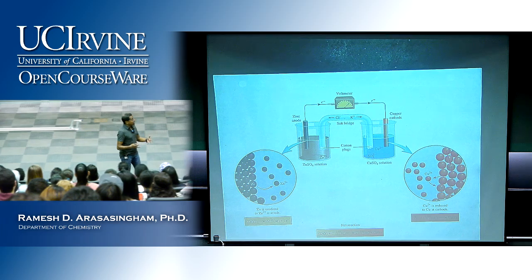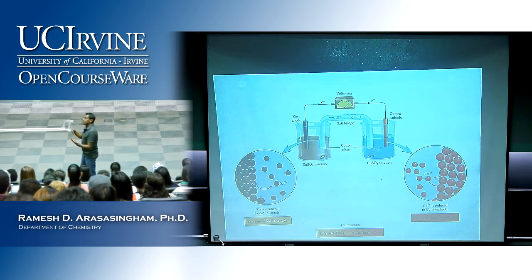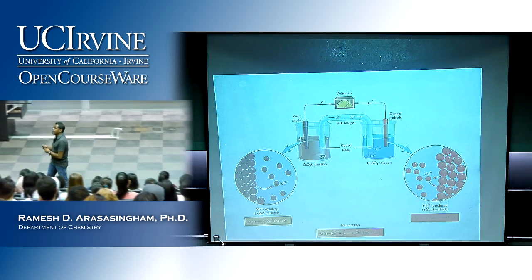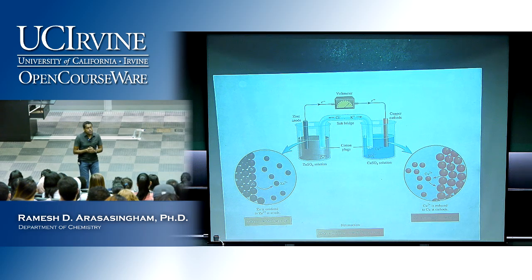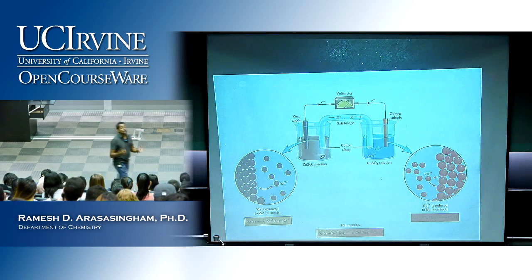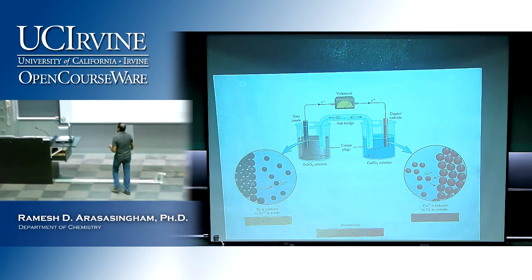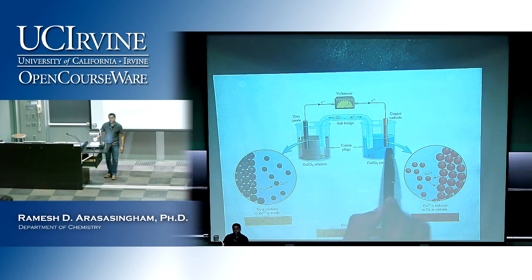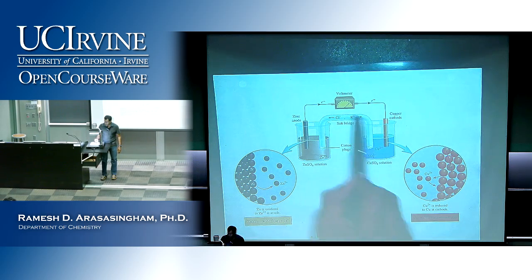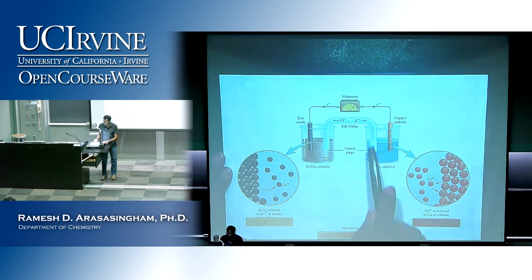A different way in which you can have current flowing is also to have motion of ions. If you have movement of ions too, you can have a flow of current. And so what's happening here is that you have a flow of electrons that go from this to this, but now you complete the circuit because now you can have ions flowing from this to this.